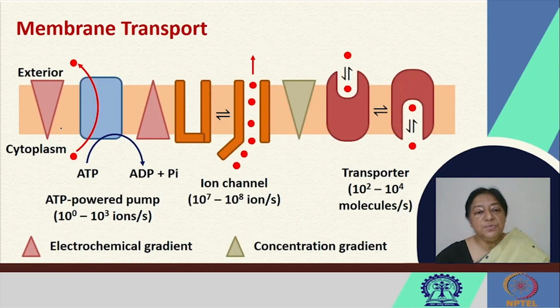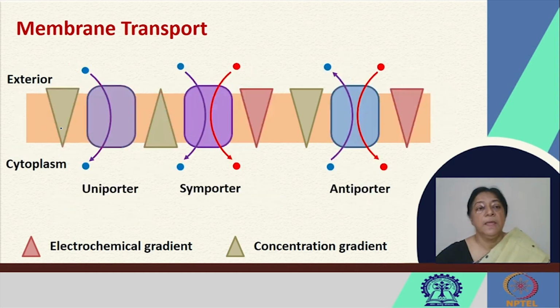So the membrane transport in general would have an ATP powered pump that would allow the process to occur against a concentration gradient or against an electrochemical gradient. Similarly, there would be an ion channel or the regular transporter of ions.